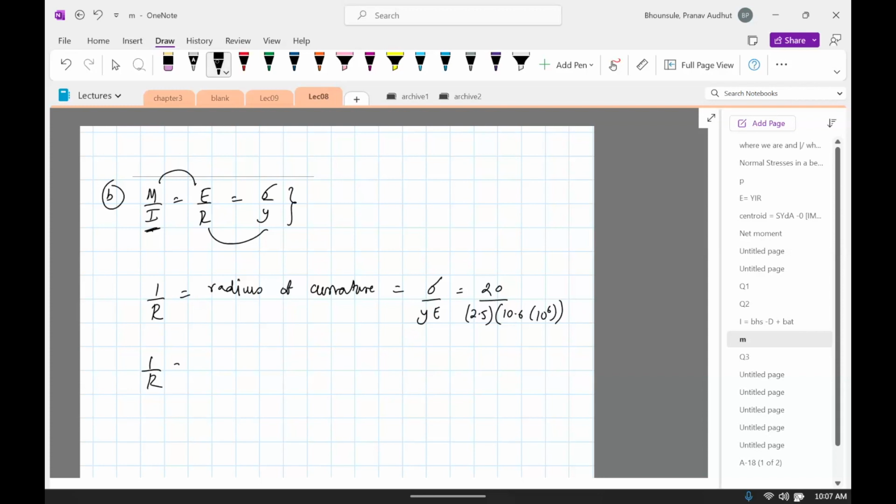So 1 divided by r comes out to be 7.55 e negative 4 inch raised to negative 1.